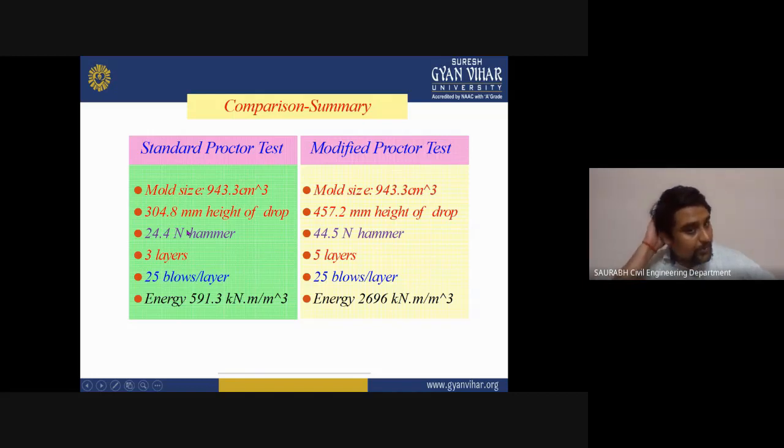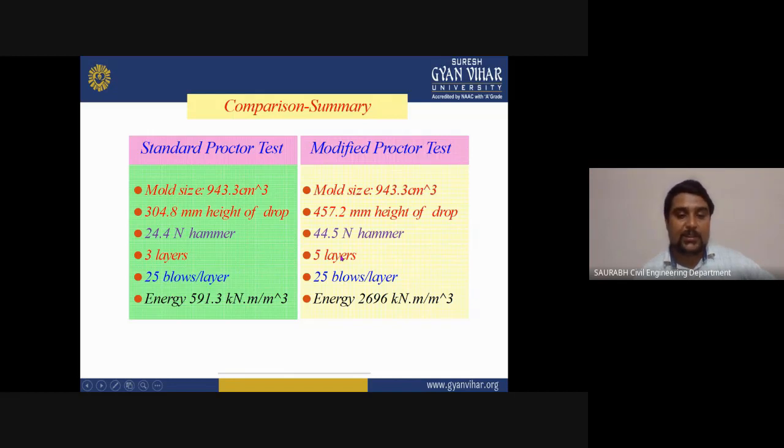Here you can see 25.4 N hammer, and here it is also 24.5 N hammer. There are three layers in the standard Proctor test, and five layers in the modified Proctor test. There you have to use 25 blows per layer, and here also you have to use the same number of blows in the compaction of the soil.